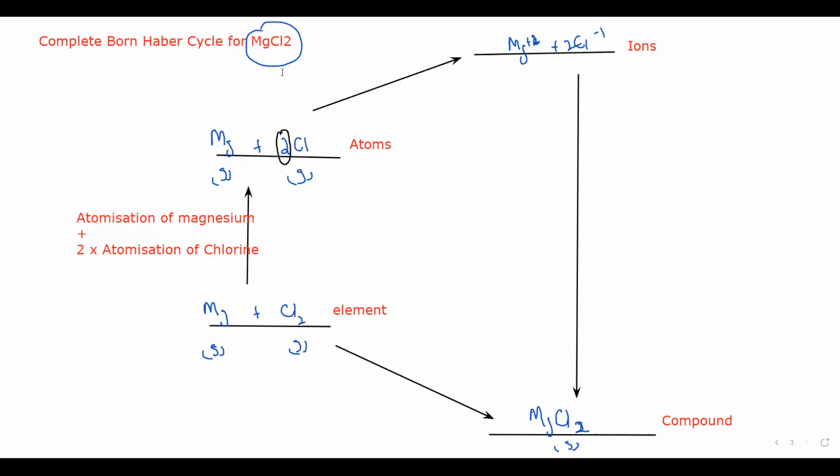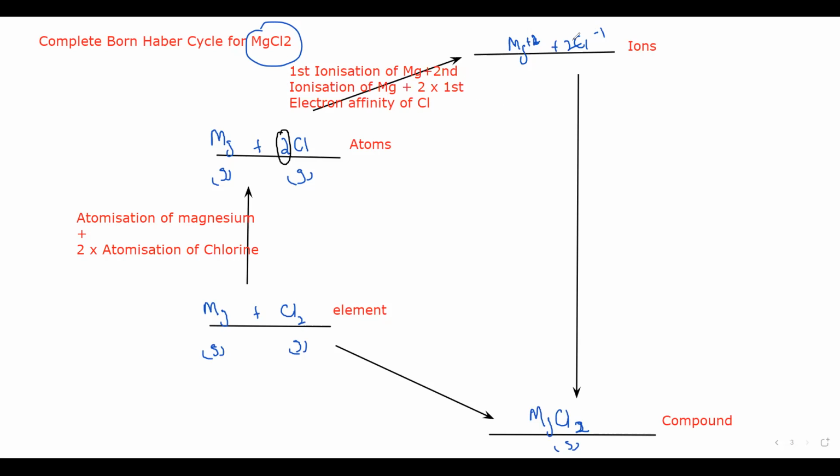So this one will be the sum of the first ionization of magnesium, because an electron is removed, plus the second ionization of magnesium, because we are removing 2 electrons from magnesium, plus 2 times the first electron affinity of chlorine, because we are producing two chloride ions.